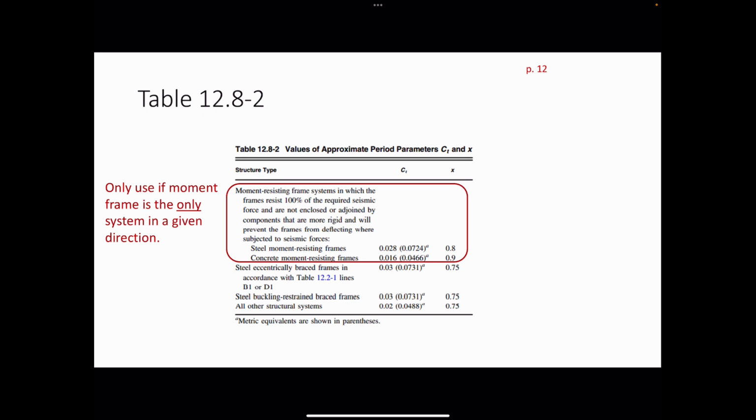Otherwise, you can't really say that those frames are designed to resist 100% of the required force, right? Unless you're the engineer and you design it that way, but in this class, we're not gonna go that far. And then just a reminder that metric units are provided in parentheses, so you can ignore the parentheses value for this class.